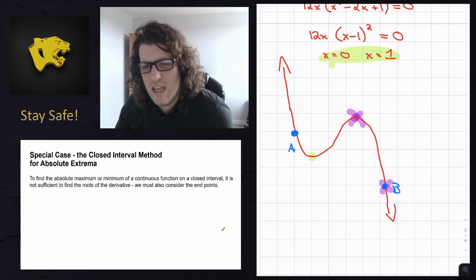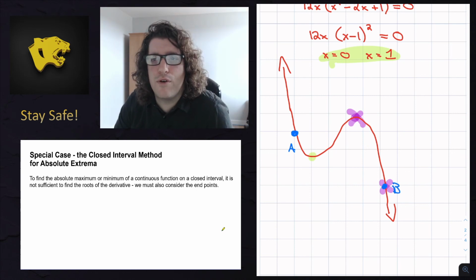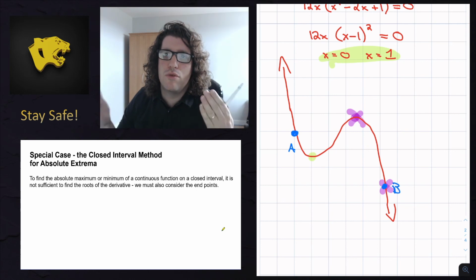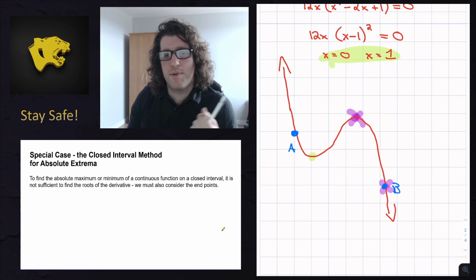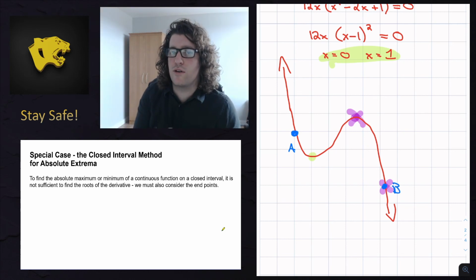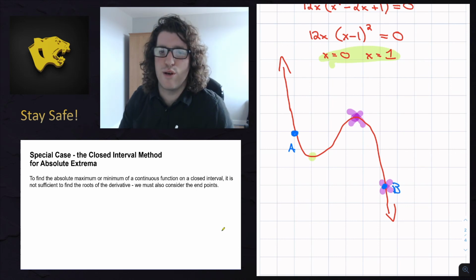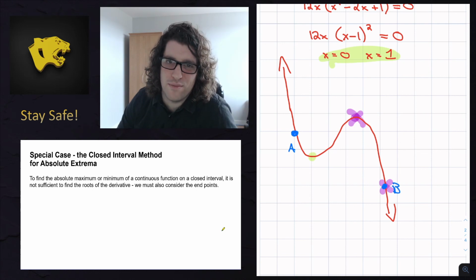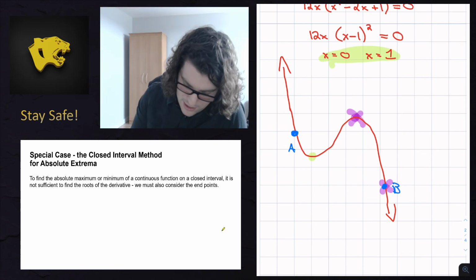So if you have a closed interval that you're interested in, you need to not only find all of the potential interior points that could be interesting, you have to also test the endpoints to find out whether something's happening there that you need to pay attention to.